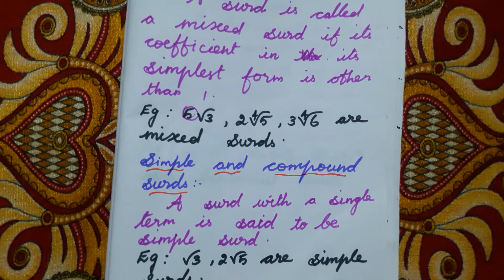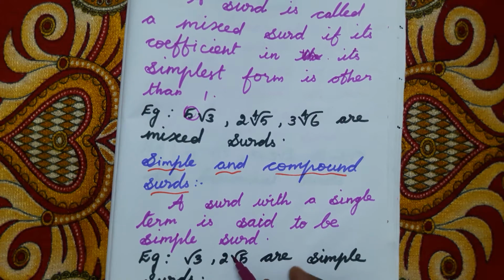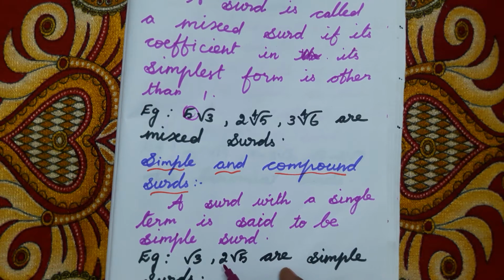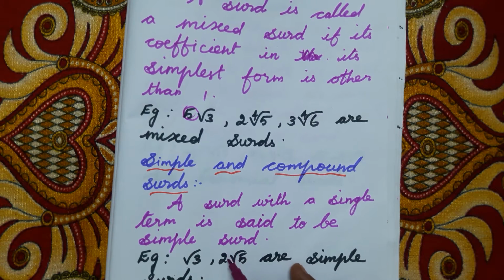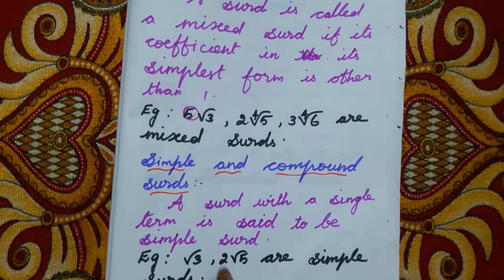For example, root 3, root 5. Here 2 root 5 is not 2 terms. The product of a rational and an irrational number together is one term, because multiplication in between means together only one term. Can you understand? Okay.